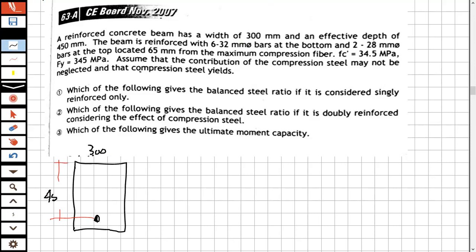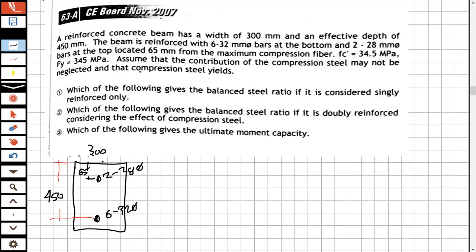What else? The beam is reinforced with 6-32 bars at the bottom. So this is six of 32. Here on top, it has two 28. What else? So the distance D prime is 65.